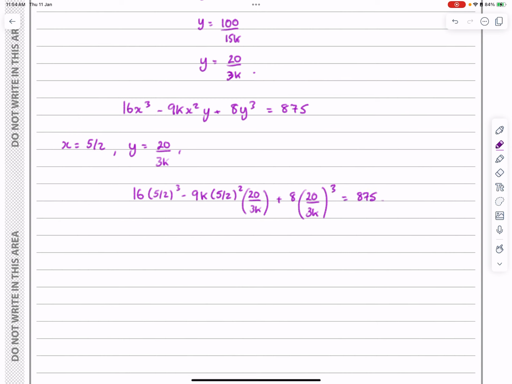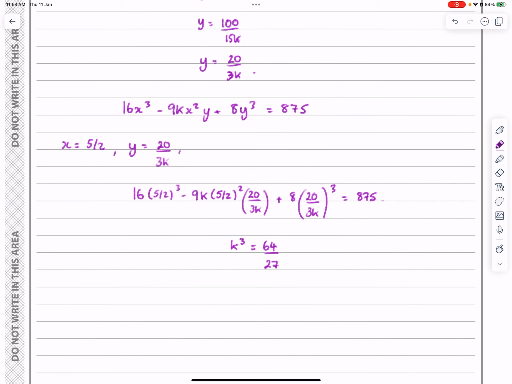Now I just have faith that this is going to all tidy up and be equal to something. So as we multiply that out, the k's there are going to cancel, so multiply that out, multiply out this bit here. I'm not going to spend too much time doing that. I'll let you get to the stage where what we actually get, if you multiply all that out, is that k cubed works out to be equal to 64 over 27. So you can go ahead and just go through those steps to get that.